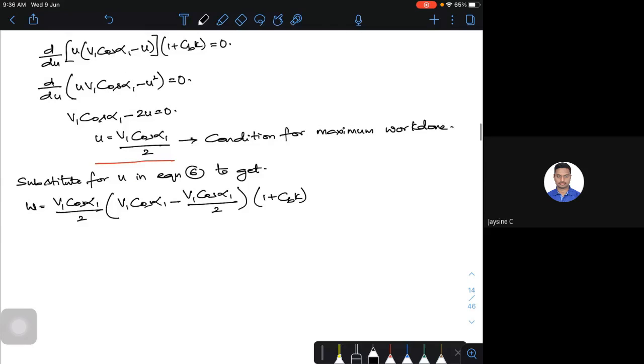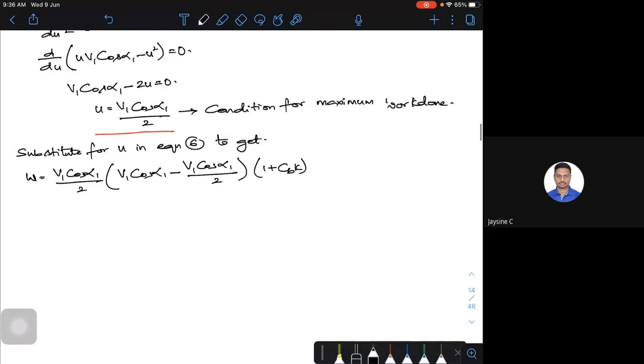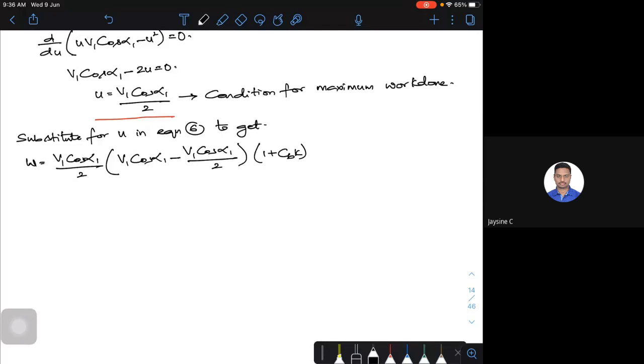Now we will try to open the bracket. This is for W max. This will be v1 square cos square alpha 1 by 2 minus v1 square cos square alpha 1 by 4, into (1 plus cb) into k.